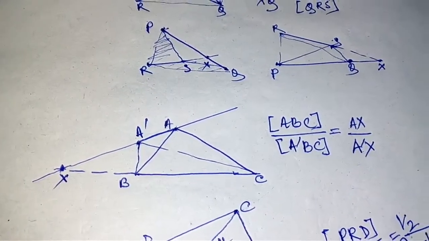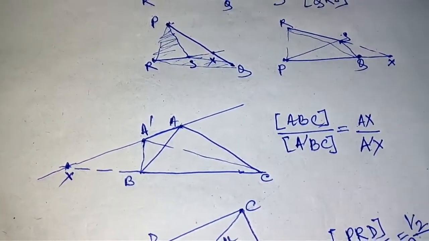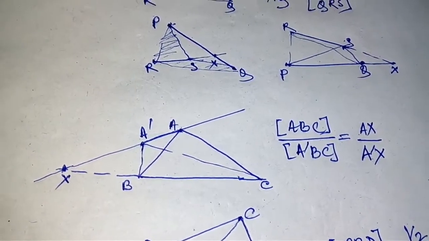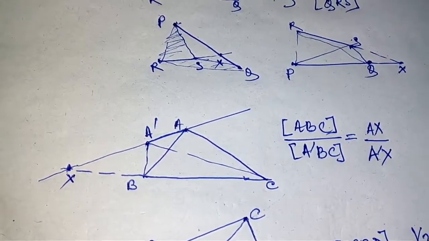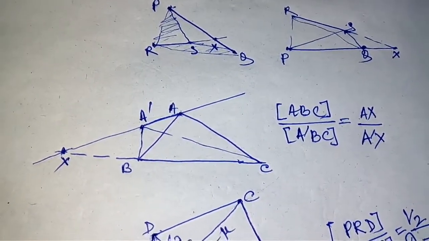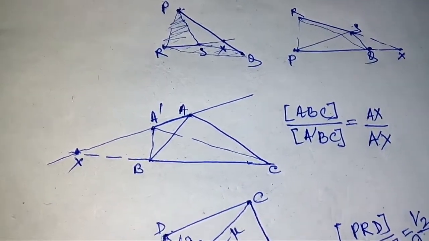Now we have one more theorem known as the vertex sliding theorem. What the vertex sliding theorem says is that if I have a triangle ABC, without doing anything to the base, if I only slide the vertex of the triangle, then I will get a new triangle, and I can easily calculate the area of the new triangle using the area of the old triangle just by knowing the length ratio.